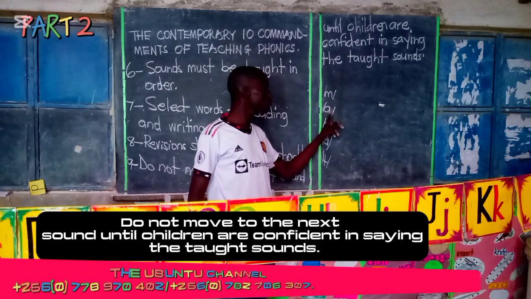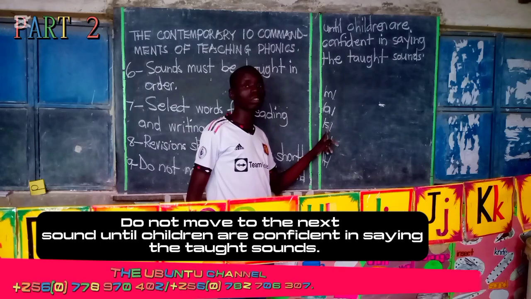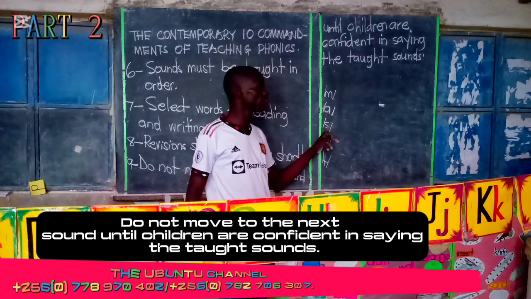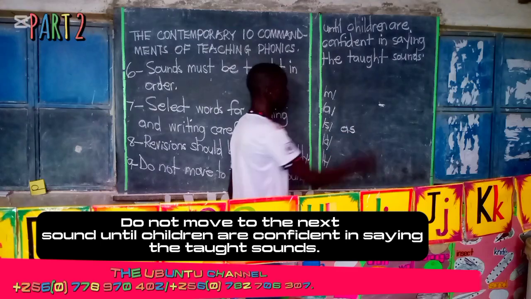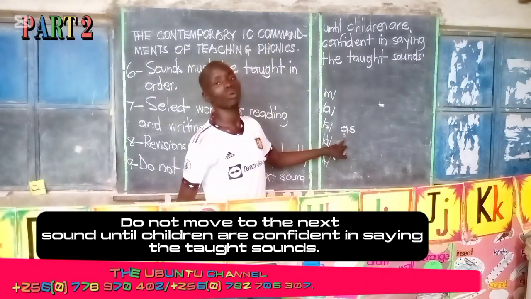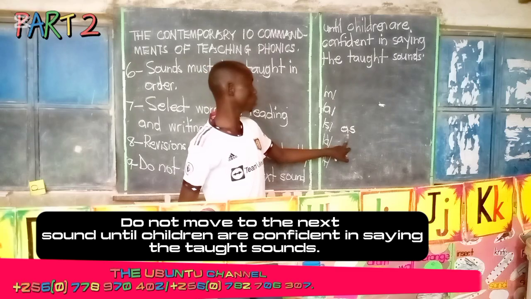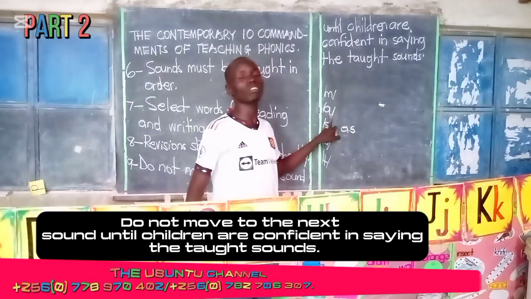sound, of which this sound will affect this sound. Because when they are writing words, like for example, this one may be like this. If your child is supposed to read this one, your child will not be able to read this because you did not teach this one correctly or very well.